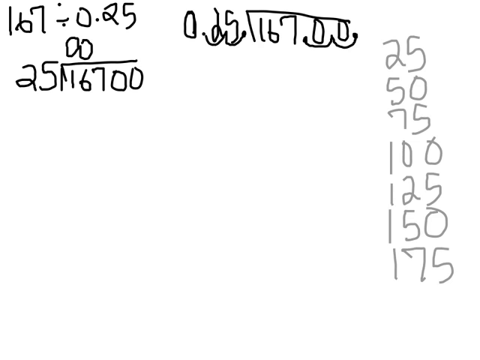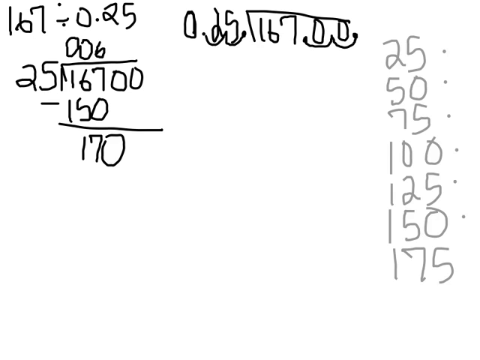So, I see that 25 goes in 1, 2, 3, 4, 5, 6 times to 167. Go back to my problem. 25 times 6 is 150. So if I subtract, I'm left with 17. Now, 25 doesn't go into 17, so I'm going to bring a 0 down.